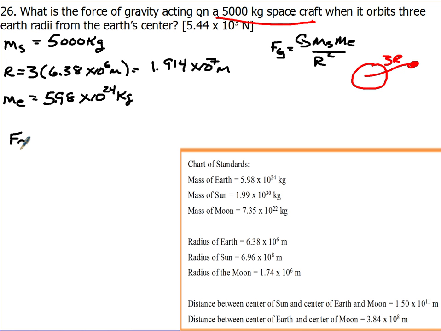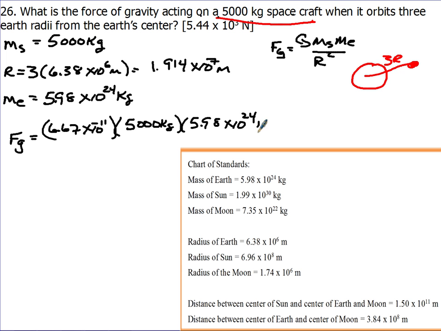So the force of gravity that this guy feels is equal to 6.67 times 10 to the negative 11 meters squared per kilogram squared, times the mass of the satellite, which is 500 kilograms, times the mass of the Earth, which is 5.98 times 10 to the 24th kilograms, divided by his radius from the center of the Earth, squared, which is 1.914 times 10 to the 7th, squared.